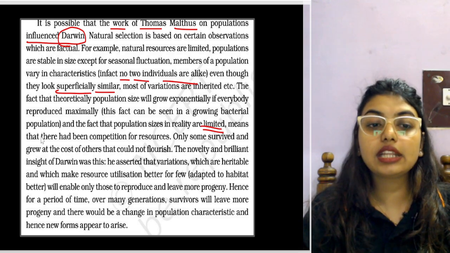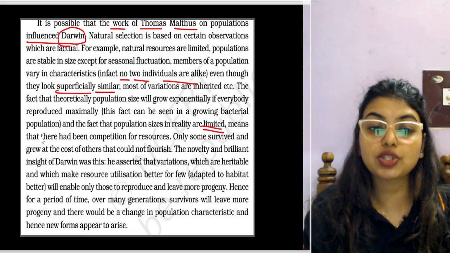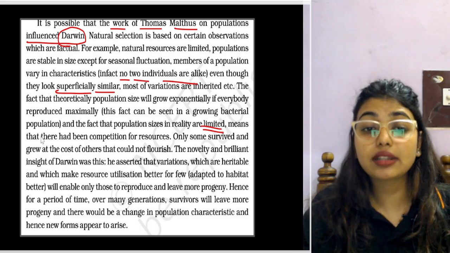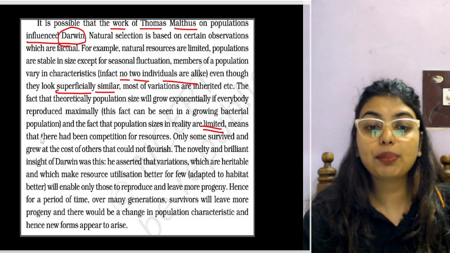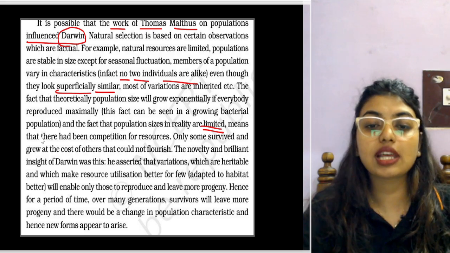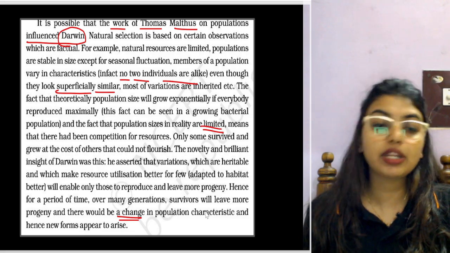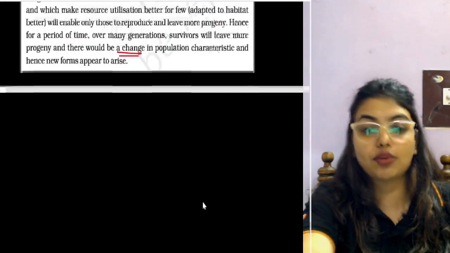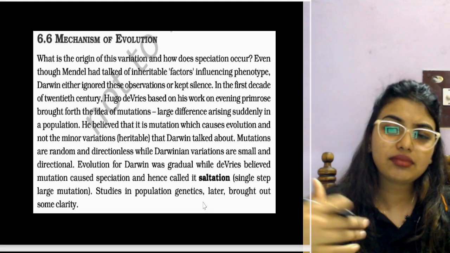The novelty and brilliant insight of Darwin was this: he asserted that variations which are heritable and which make resource utilization better for a few, hence, over many generations, survivors will leave more progeny and there would be a change in the population characteristics, and hence new forms will arise. So all that is just storytelling.